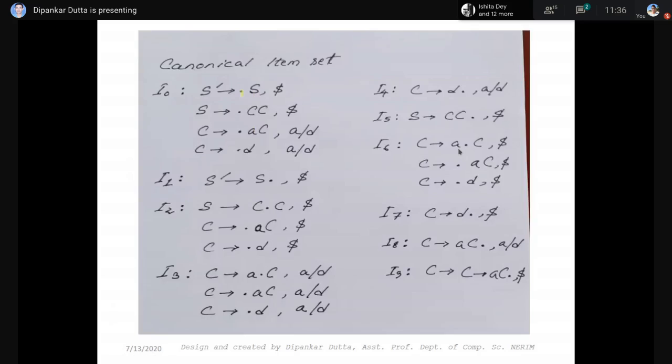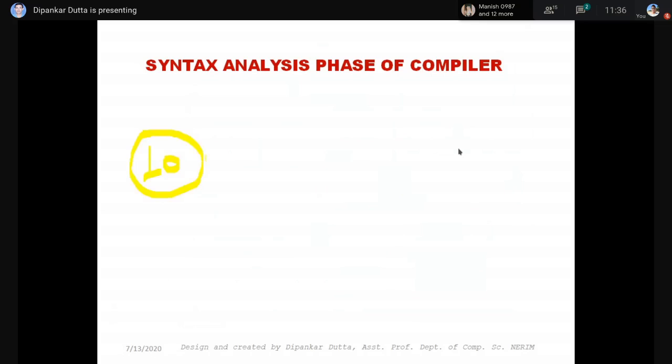if we place S as a symbol, then it will go to the state number I1.